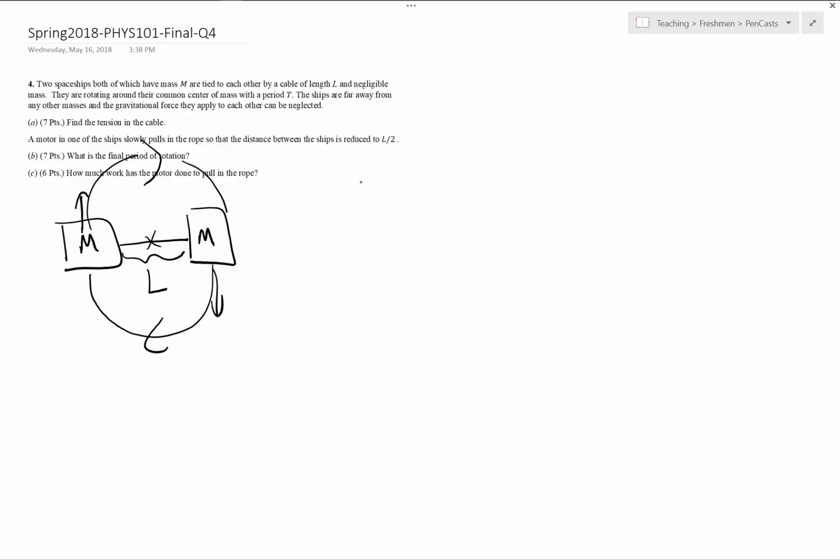If I'm given the period T, then the frequency will be 2 pi over T, which is actually the angular velocity with respect to the center of mass. So what's the acceleration of one of these masses?